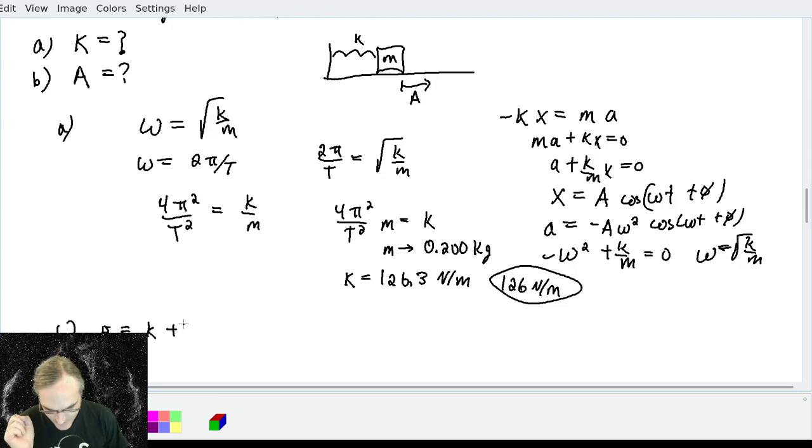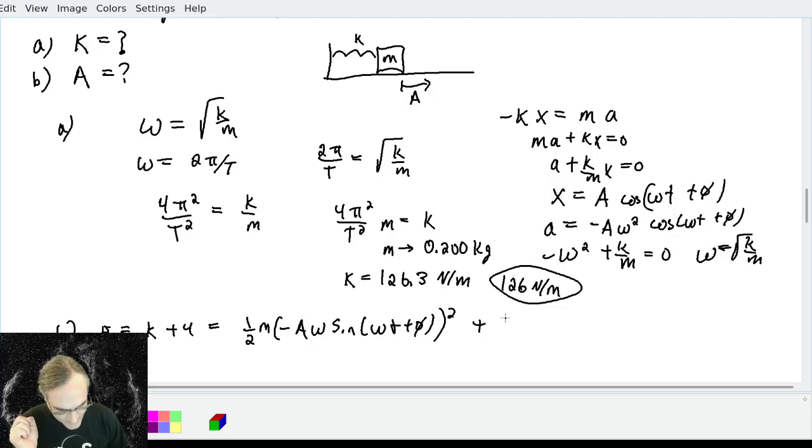But it's the kinetic energy plus the potential energy, and those would look like, let's see, kinetic energy is 1/2 mv squared, where v is going to look like minus A omega sine of omega t plus phase, and we'll have to square the whole thing, and the potential would look like 1/2 kx squared, so we'd have an A squared cosine squared of omega t plus phase.